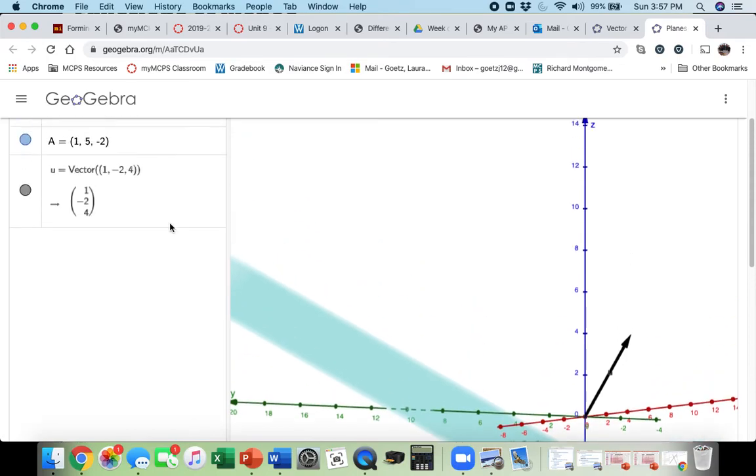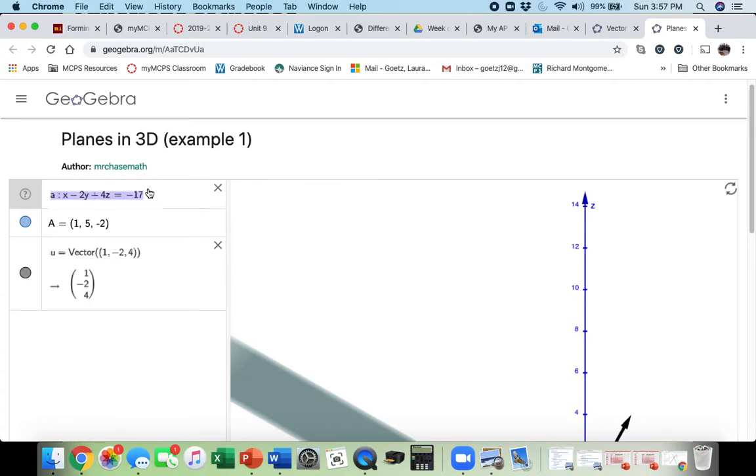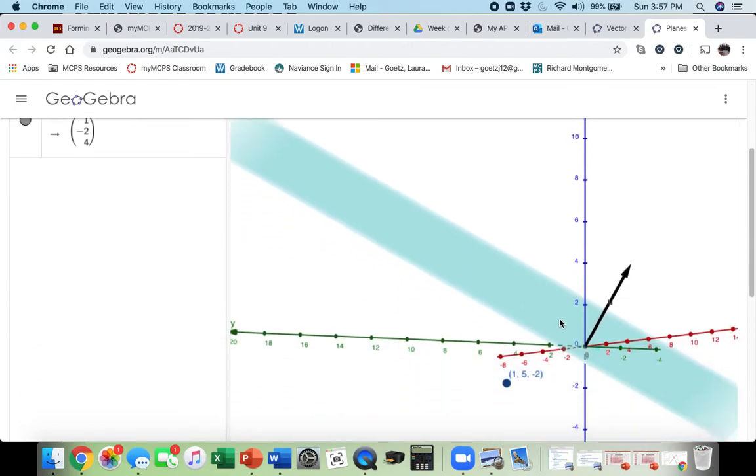And maybe if I do this, what if I shrink this to, let's see, right? If I make the point that I wanted to go through 0, 0, 0, you can kind of see, right, the normal is there. And all this D does, right, is shift this plane up or down. I would have a different equation, obviously, as you can see, because this blue plane doesn't go through my point.